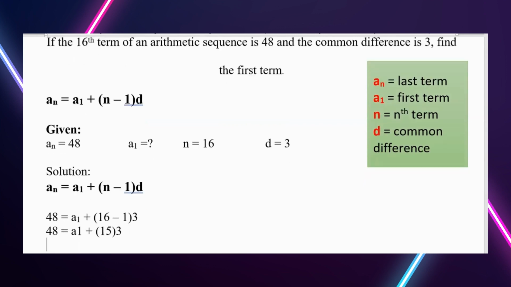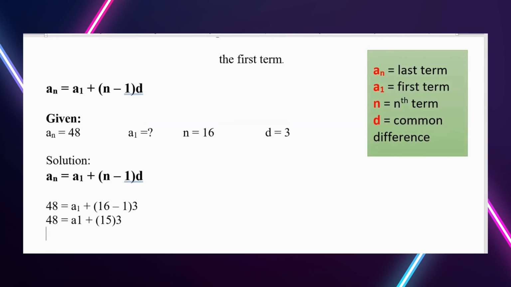Next, we have 48 is equal to a sub 1 plus the product of 15 and 3, which is 45. Let us combine like terms.